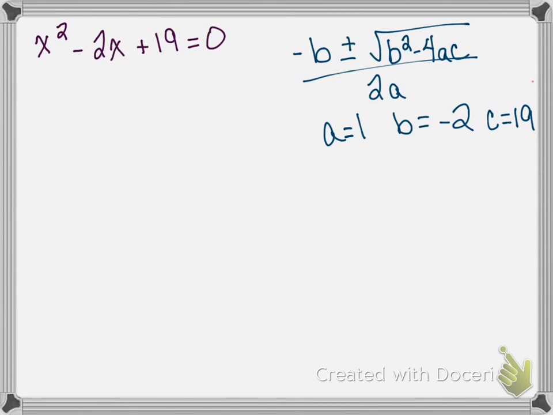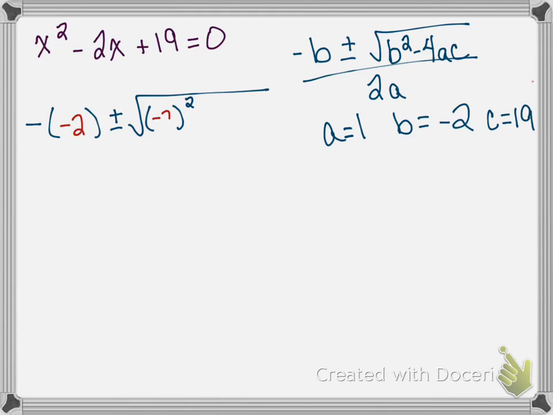Okay, so I have negative negative 2 plus or minus the square root of b squared, and b is negative.